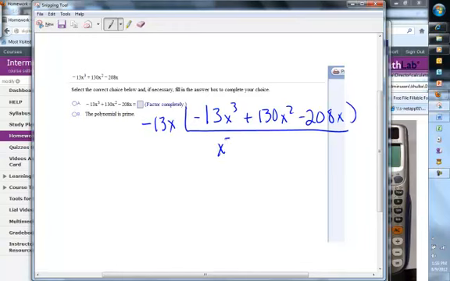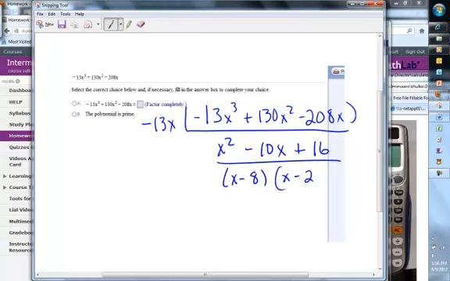That makes this x squared minus 10x, and let's try mode 1. 208 divided by 13 is positive 16. Now we can factor this. What two numbers multiplied equal 16, added equal 10, x minus 8, x minus 2.